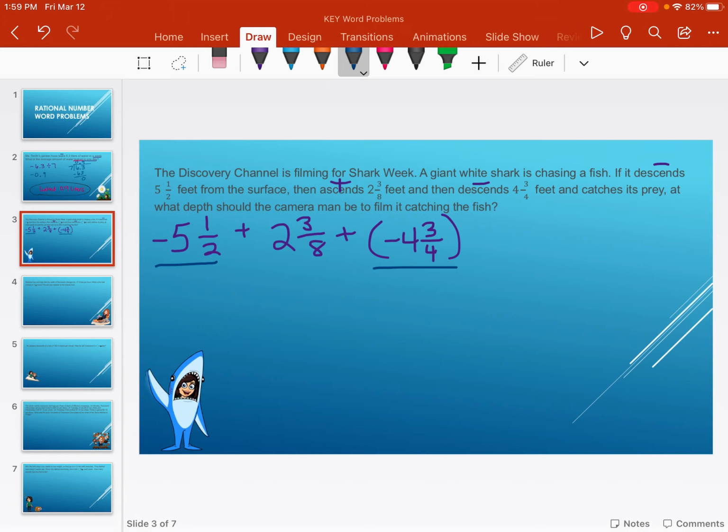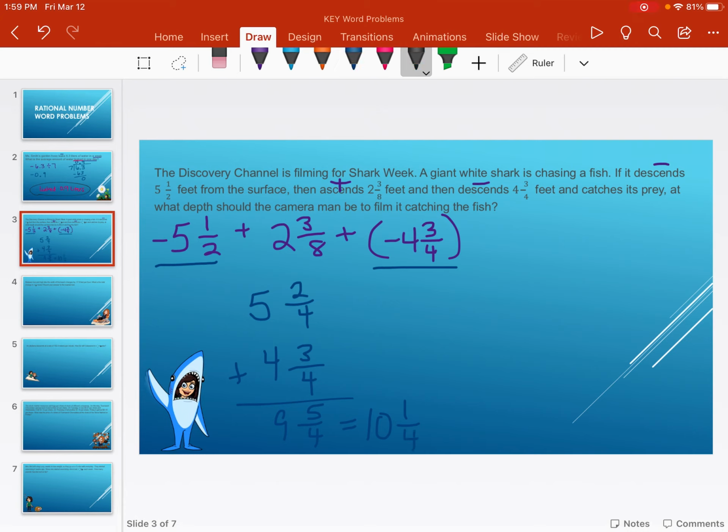So if I'm adding 5 1/2 plus 4 3/4, I need to make sure these have common denominators real quick. So 1/2 is equal to 2/4. Now I can add that. That's 9 5/4, which is equal to 10 1/4. Remember, you need to make that as simplified as possible.